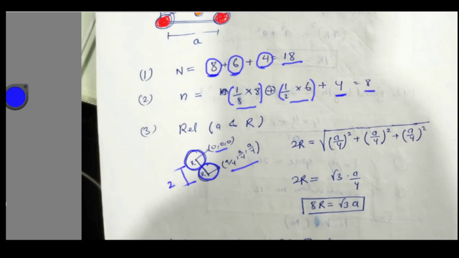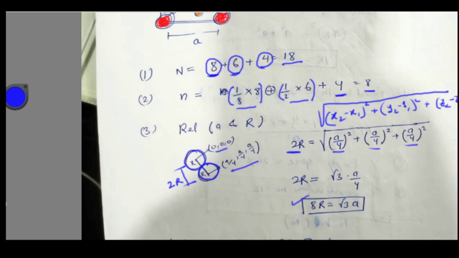The distance is the square root of (x2 minus x1) whole square plus (y2 minus y1) whole square plus (z2 minus z1) whole square. x2 is a/4 and x1 is 0, so (a/4) whole square; similarly for y and z.